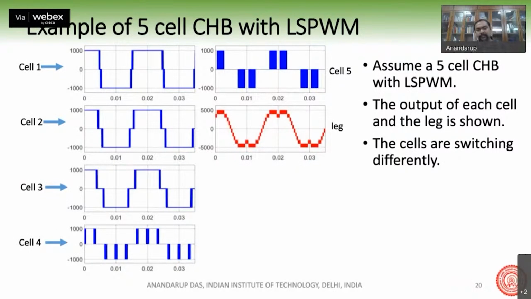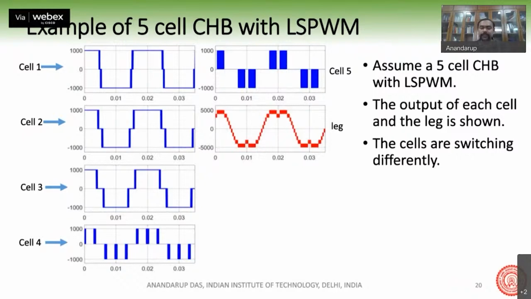You can readily infer that these waveforms are non-identical for all the 5 cells. The cells are switching differently. But the overall output voltage waveform from the converter is more or less very similar to phase shifted PWM.